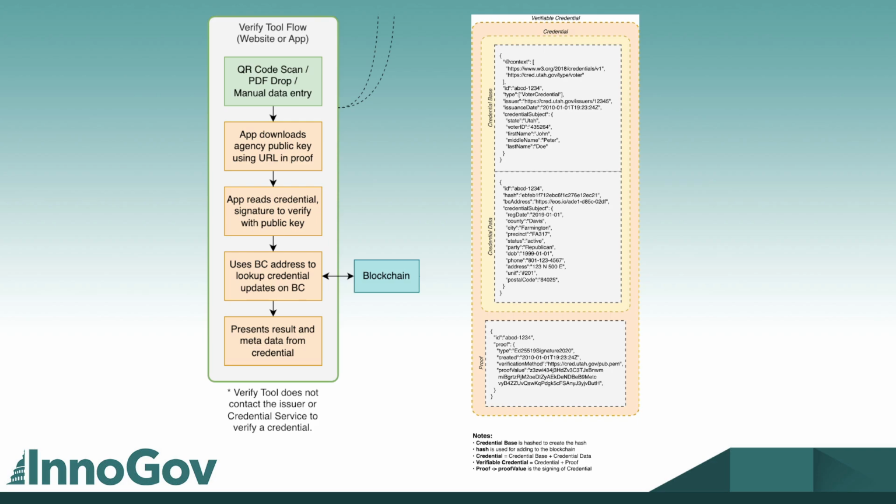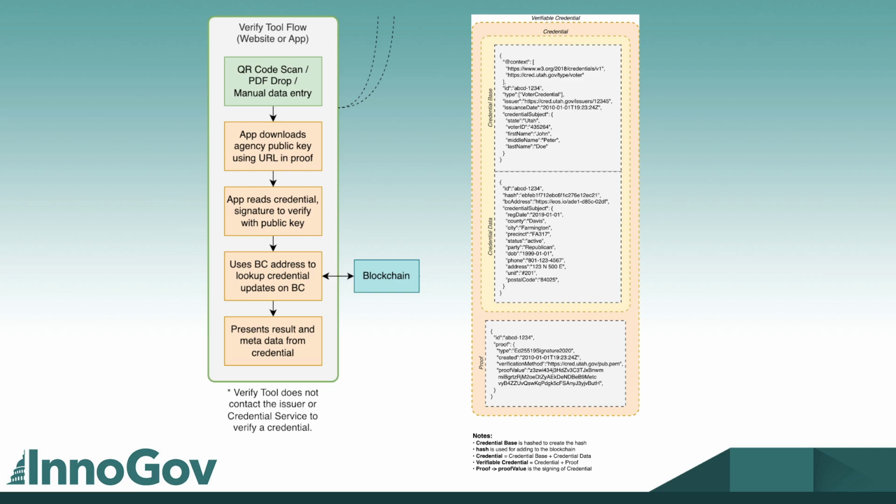The file itself will have this information as part of the metadata on it, or it will be pulled off of that QR code. And the file has some distinct parts to it. It has the base part of the credential that has its ID, some metadata around what kind of credential it is, when it was created, if it expires, when it expires.